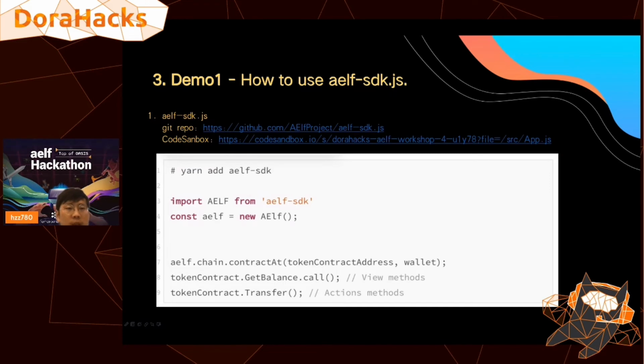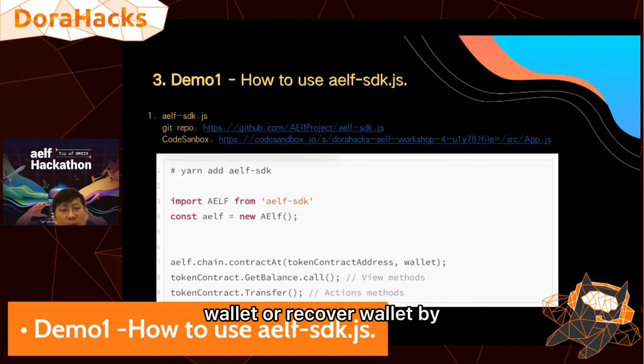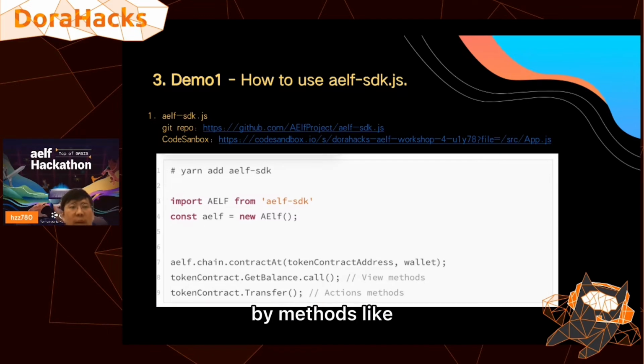Okay, I will show the demo. With the Elf SDK, we can create a wallet or recover a wallet by private key or mnemonic, and we can get the information of the Elf blockchain by methods like get chain status, get block, etc. Most importantly, we can send a transaction and contract easily with the Elf SDK by the methods of the contract module.